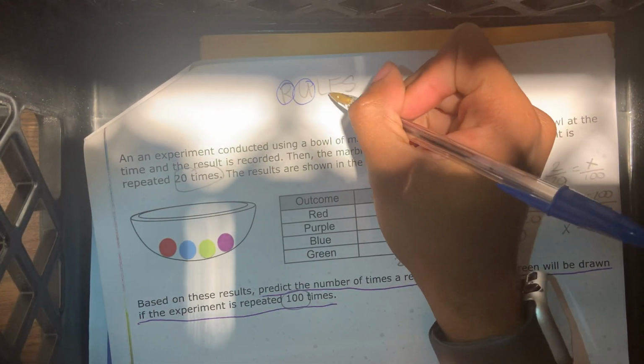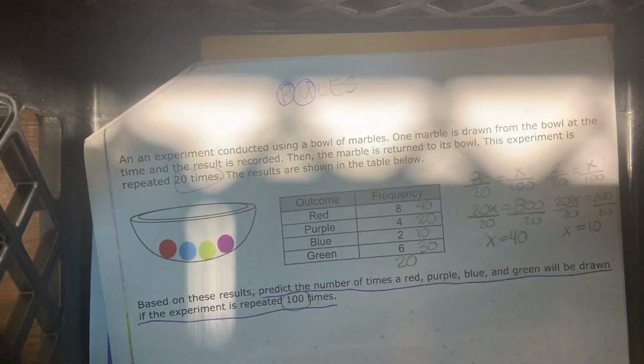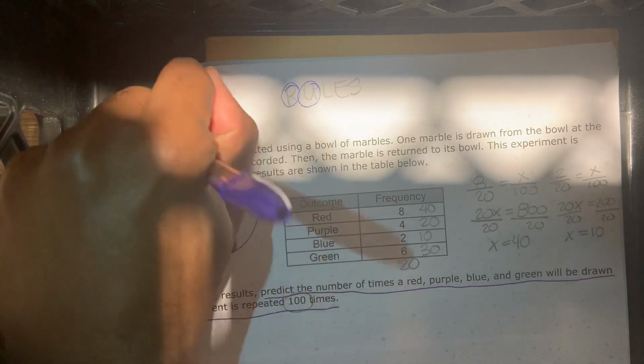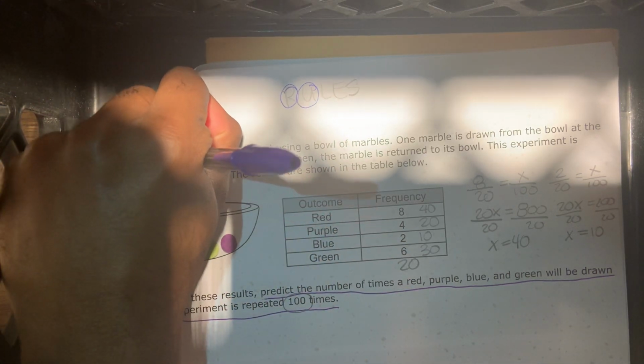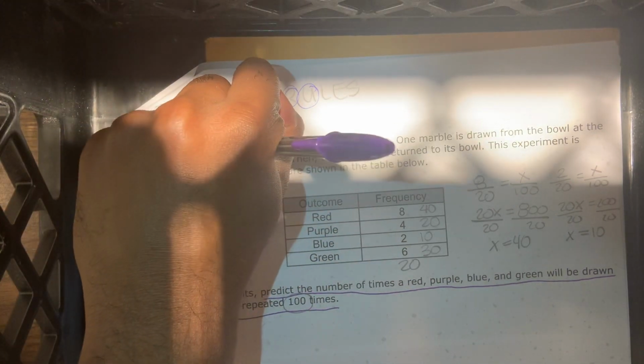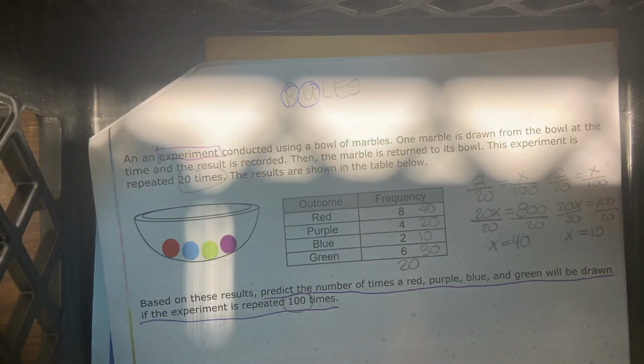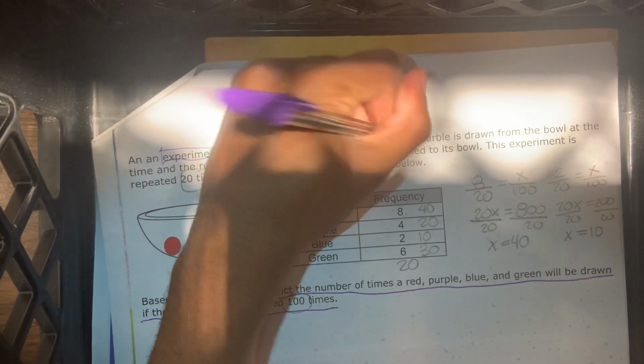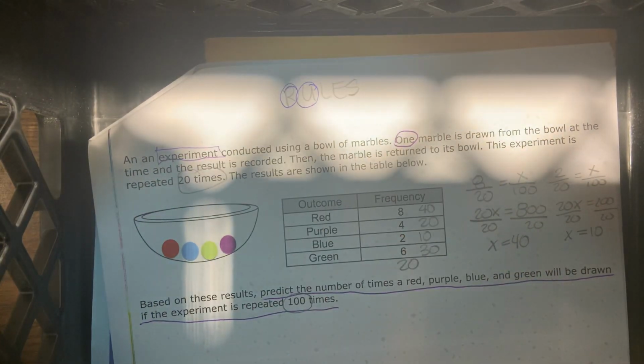Now we're going to label and annotate by circling all numbers and boxing all keywords. So, experiment. This is one of our vocabulary words. One marble is drawn from the bowl at a time, so we'll circle this. One marble is drawn at a time, and the result is recorded.